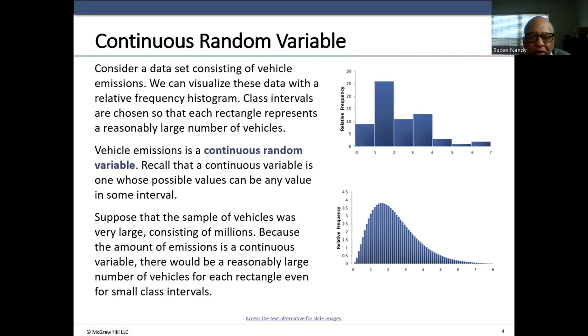But also notice adjacent rectangles touch each other. The heights of the rectangles represent the relative frequency or proportion of particles in each group. Now we can join the top roofs of these rectangles and get a smooth frequency distribution curve, which is also called a probability density curve.